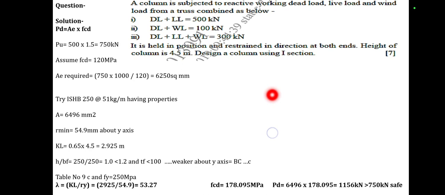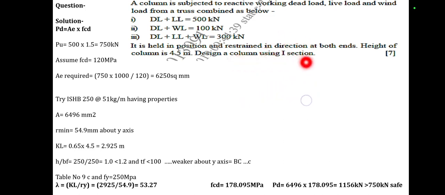It means that we have to convert that load into an ultimate load. So PU is equal to 500 into 1.5, which is equal to 750 kilonewton.